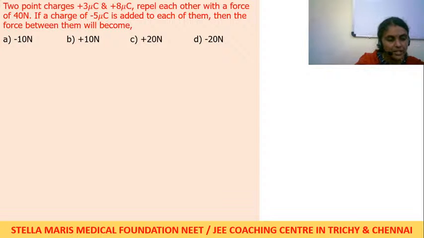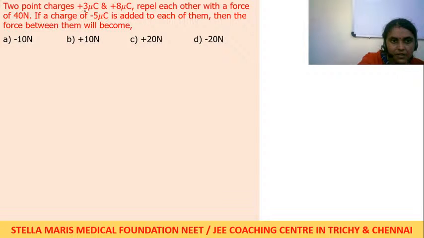Two point charges, plus 3 mu C and plus 8 mu C, repel each other because both are positive charges, with a force of 40 Newton. If a charge of minus 5 mu C is added to each of them, then the force between them will become, okay? So what are the values they have given in the question?